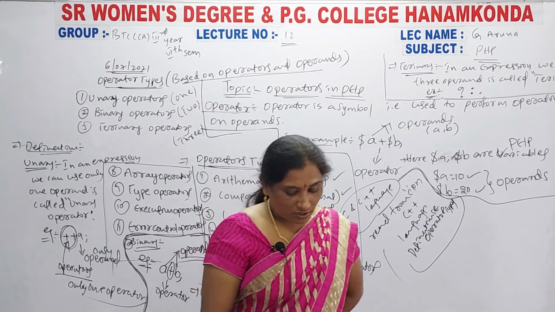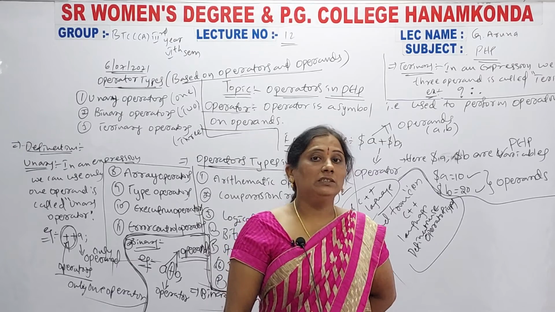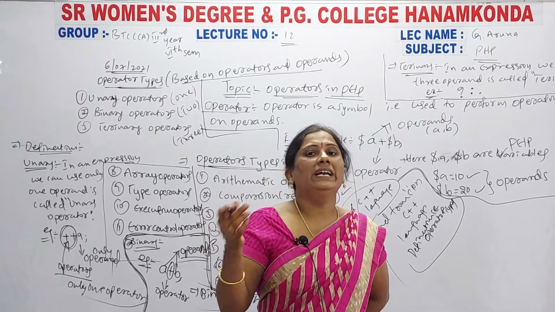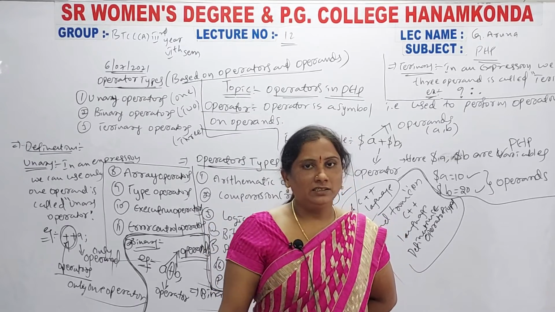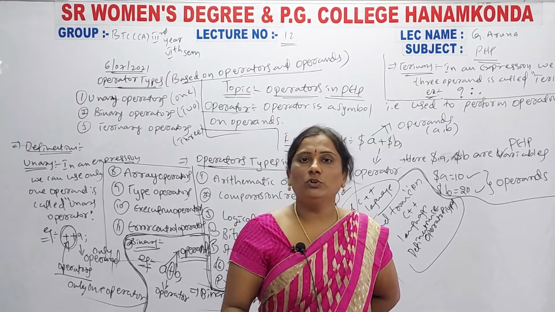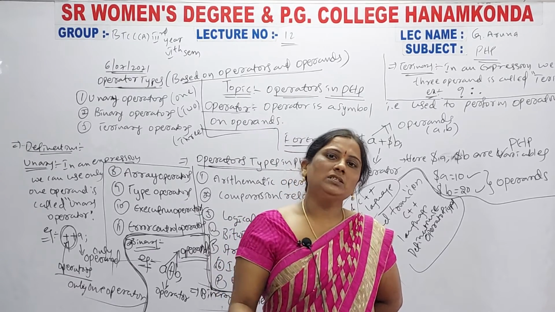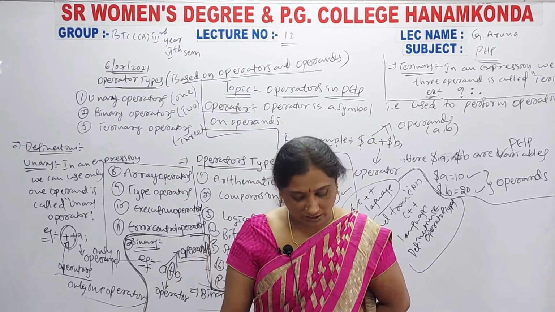Then next float array operators, int array operators. Simple, array operators, what is that? Float and int. So that means when you declare an array, you have to use int or float operators. That means you have to declare particular data types and you can use those particular operators.